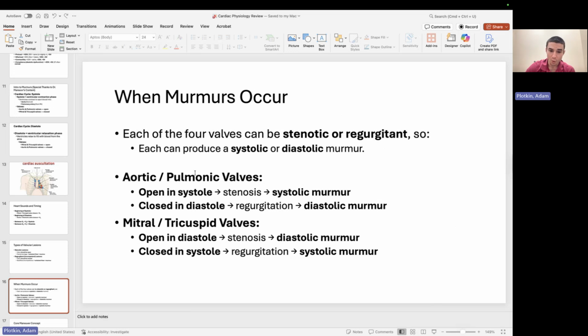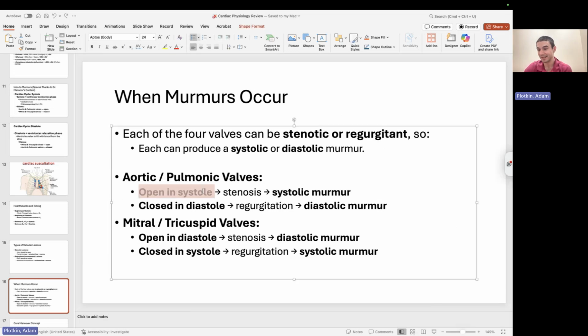Aortic and pulmonic valves should be open in systole, right? The left ventricle needs to pump blood out into the system, the right ventricle into the lungs. So if they should be open in systole, but all of a sudden I hear a murmur during systole in either the right upper sternal border or the left upper sternal border, I'm like, these valves should be open.